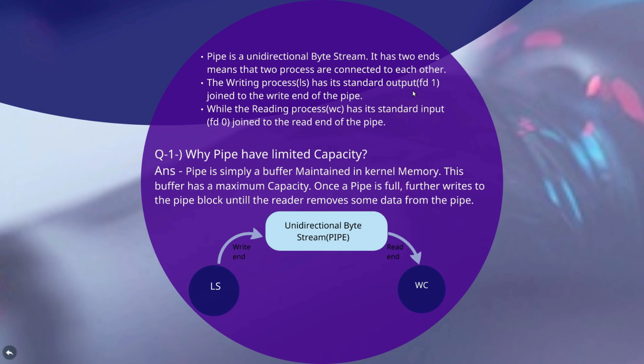The next thing is why a pipe has a limited capacity. A pipe is simply a buffer maintained in kernel memory. This buffer has a maximum capacity. Once a pipe is full, further writes to the pipe block until the reader removes some data from the pipe. Just suppose you turn on the pipe, and the water is flowing through it, and from the other end you block it.